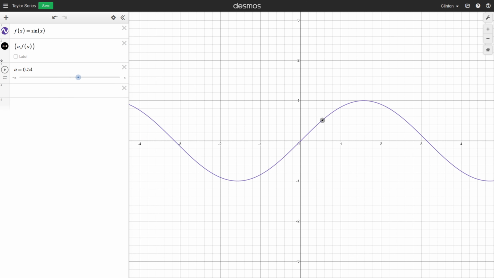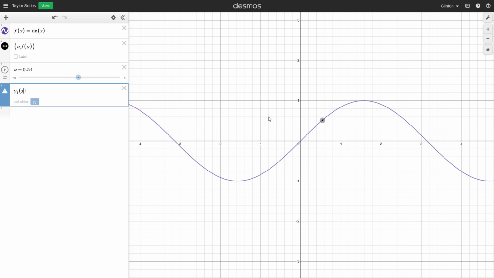Okay, so for instance, if we wanted to come up with the equation of the tangent line, we know that in general the equation of a tangent line, let's call this y1, because a line is a first degree polynomial, so we'll call it line 1.